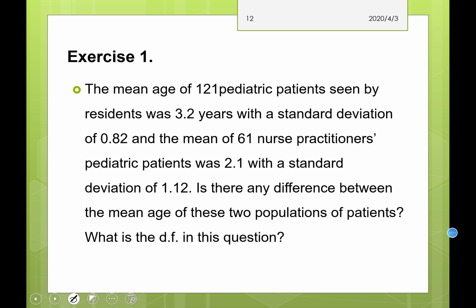Okay, so next one, let's do some exercise. You can read it. Okay, so do you know how to solve the question? Let's analyze the information which is given in the question.